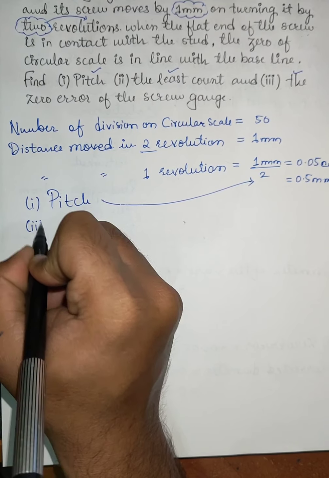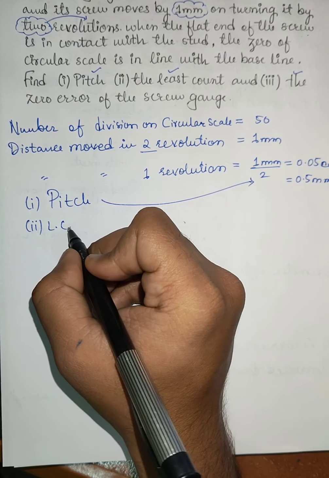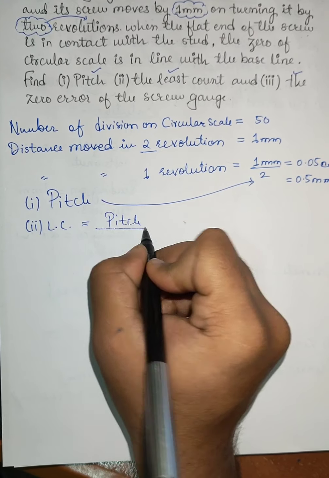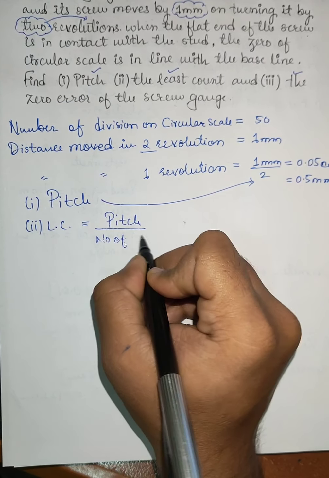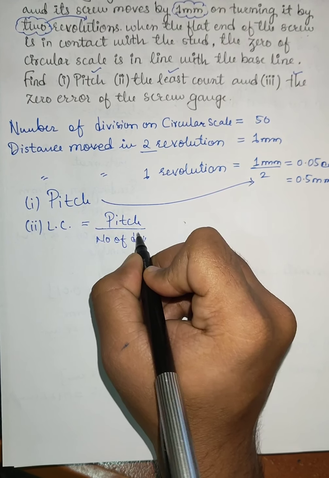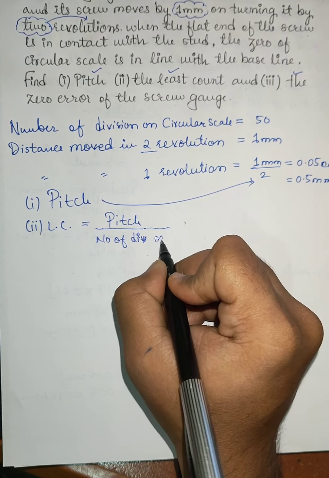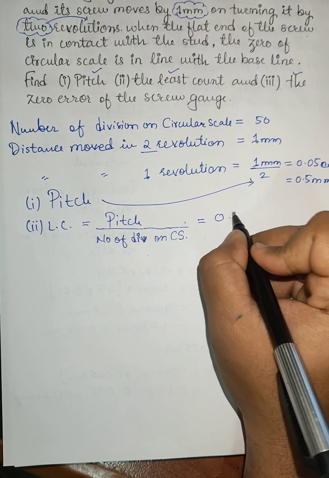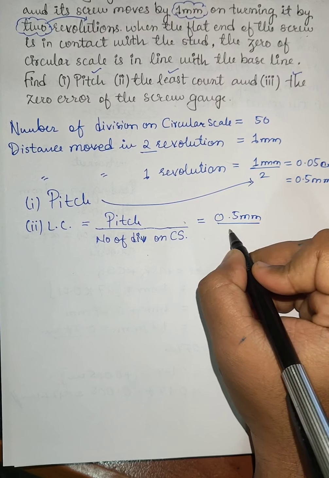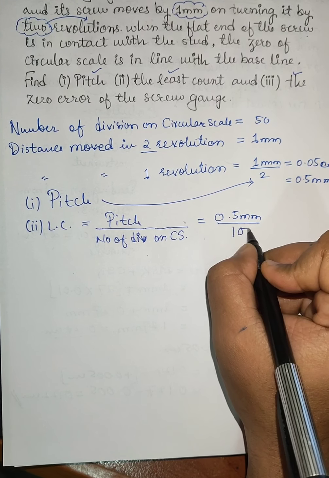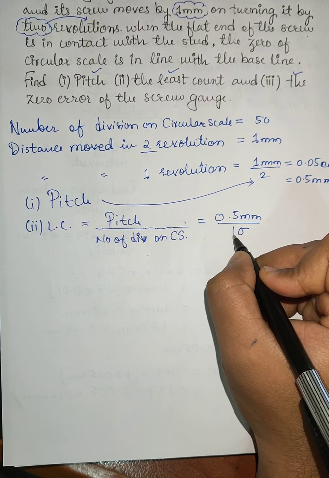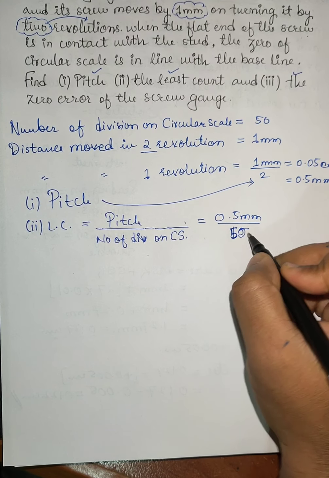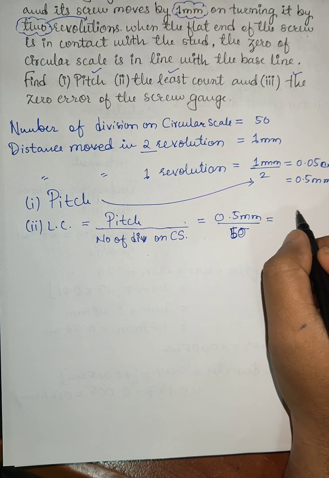Now the second question, the least count of the instrument. We know that the least count is equal to pitch divided by the number of divisions on the circular scale, which is equal to 0.5 millimeter divided by 100. No, they have given 50 divisions. This is a mistake you can probably make.